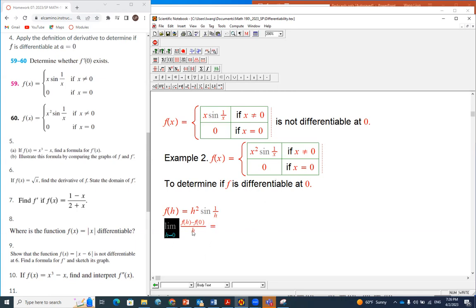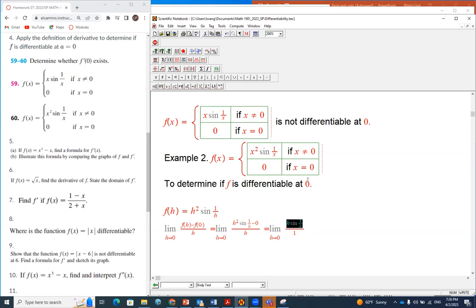So now we can just plug in. f of h will be replaced by its equal, and f of 0 is 0. Once again, because h is approaching 0 but h is not 0, we can reduce the h.